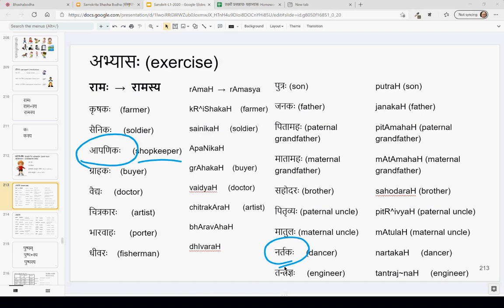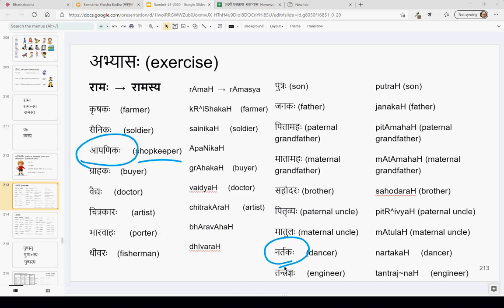Chakram is wheel, which is fine. Or nartakasya nupuram.